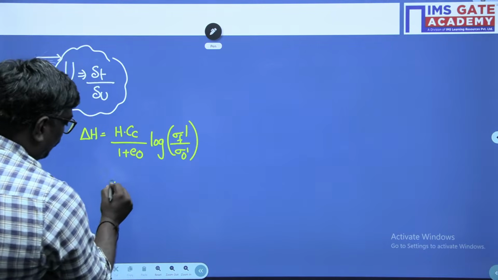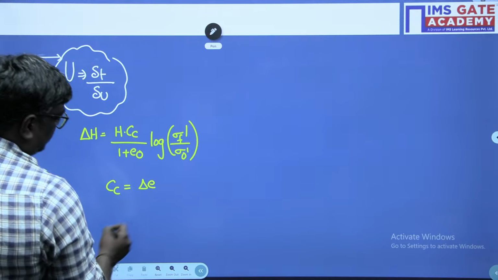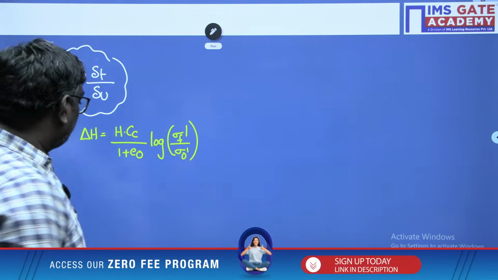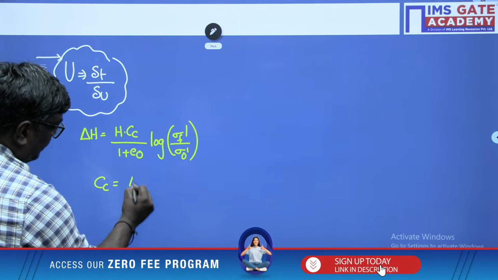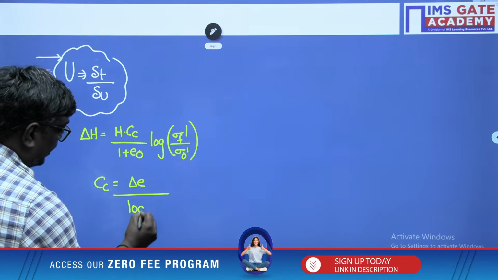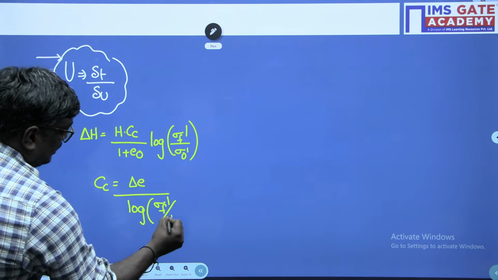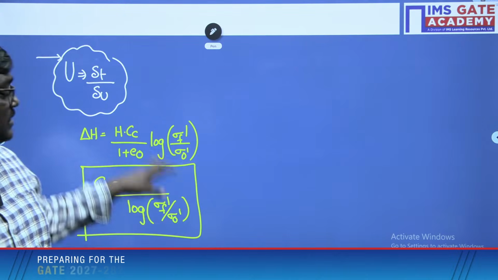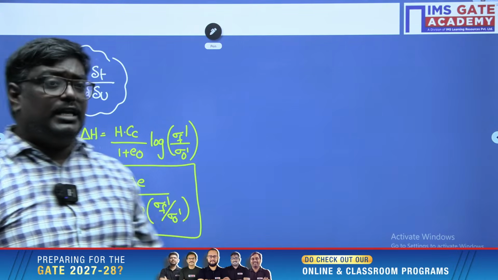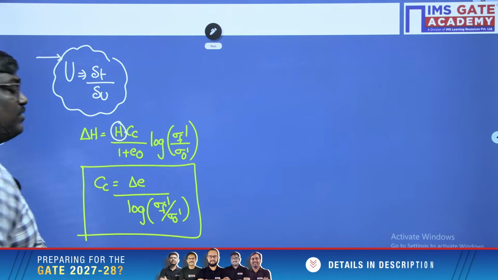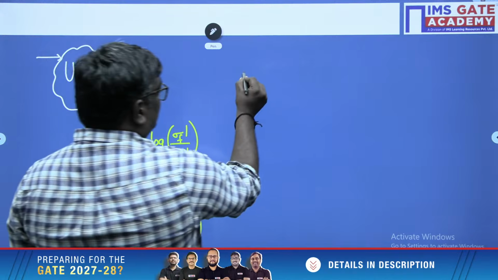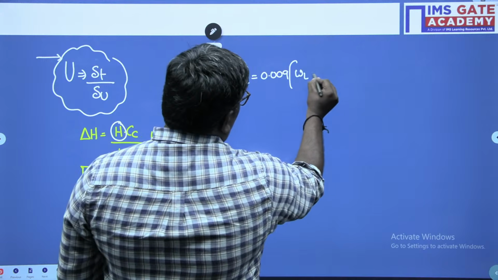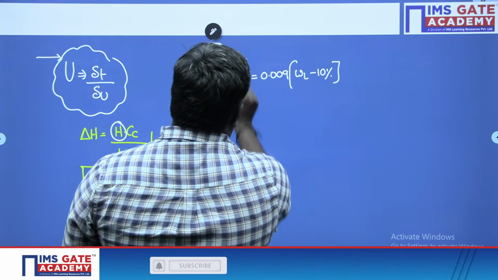The compression index is given by the formula: change in void ratio upon log of final effective stress by initial effective stress. Remember, consolidation happens only in clay layers. Here H is the thickness of the clay layer only. And the compression index Cc is given by the formula for undisturbed soils 0.009 into liquid limit minus 10 percent.